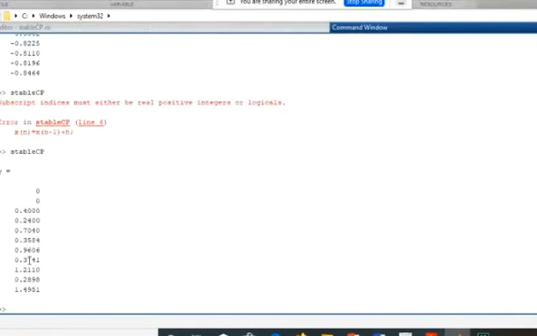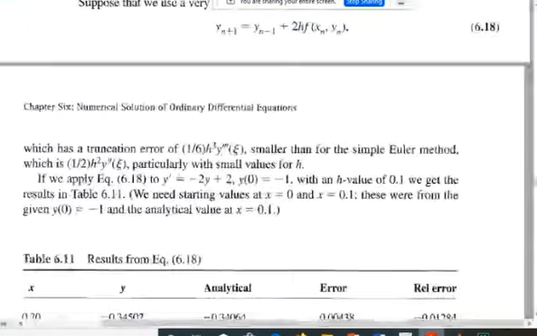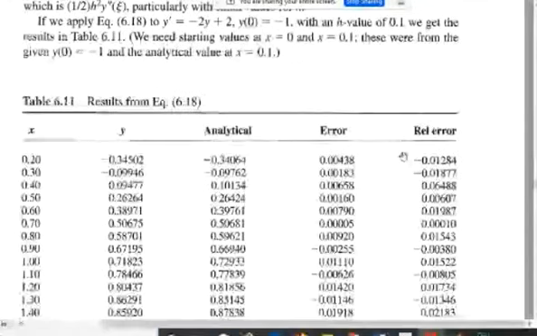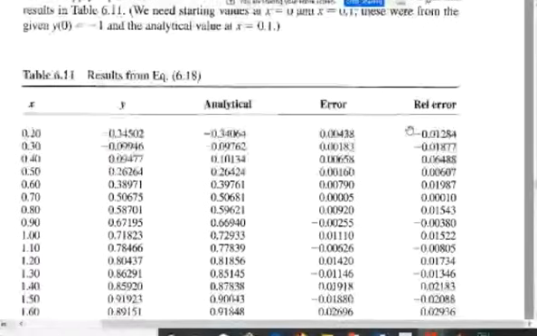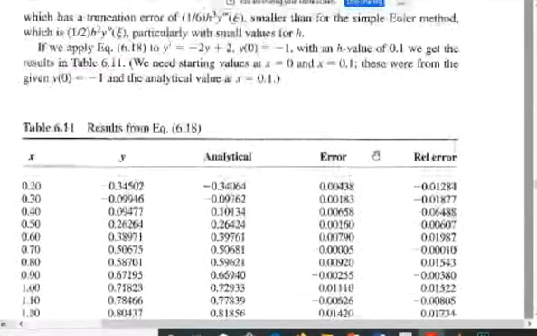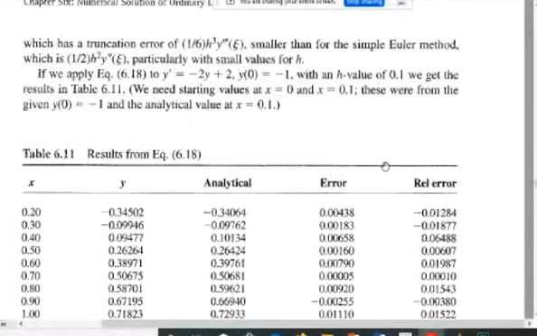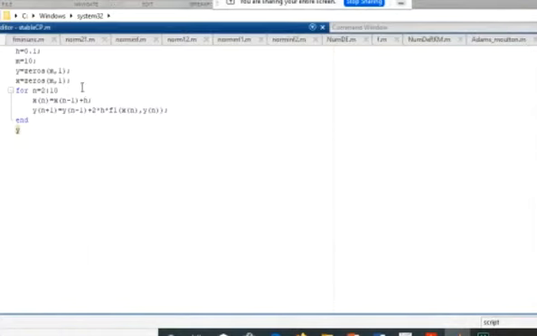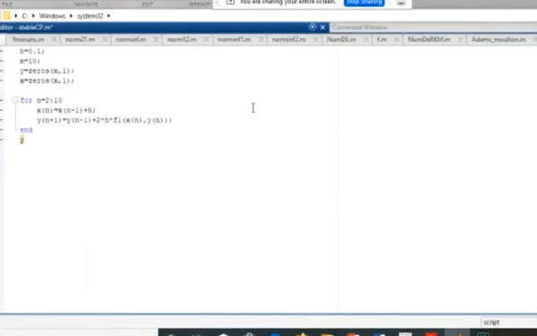We have some values for y, and you know, in order to get a real solution, y0 equals minus 1. Let me test that. Let me show that y at minus 1.